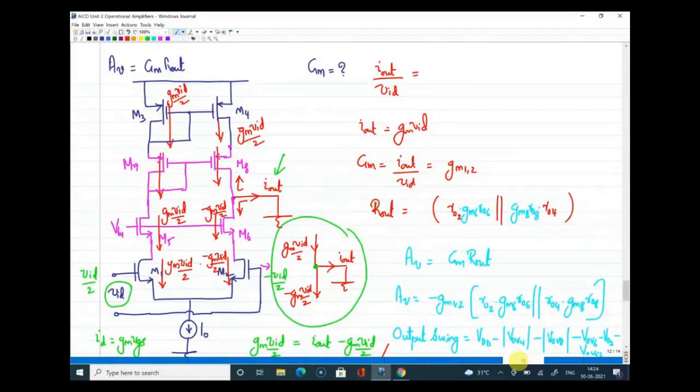Here I want to mention one more point. You can see that for the output swing, 5 overdrive voltages we have to deduct from the supply voltage VDD.